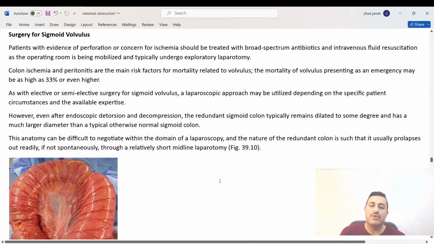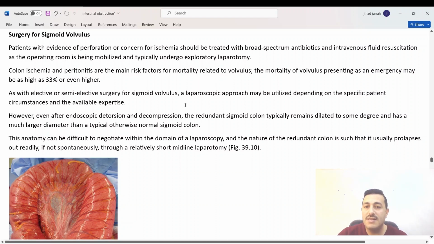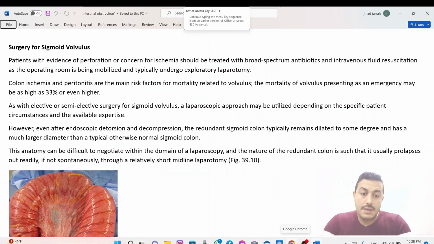Okay, surgery for sigmoid volvulus. It's not like acute colonic pseudo-obstruction, where we usually don't reach surgical management. In volvulus, we usually proceed. The recurrence rate is about 70%. So, what is the option in surgery?